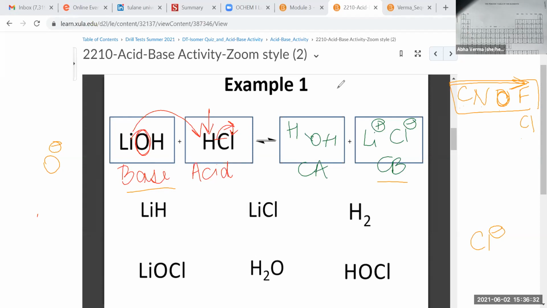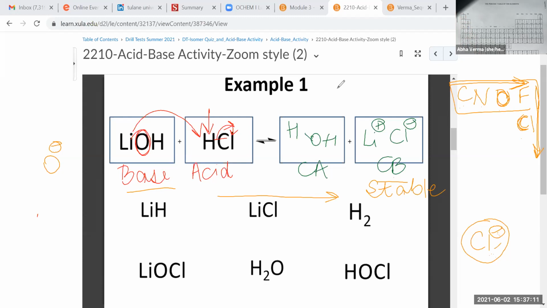But when you're going from top to bottom, the electronegativity is decreasing, but the size is increasing. So bigger size means that the negative charge will be stabilized better. So this is a more stable conjugate base. Wherever your base is stable, that is the direction of your reaction. Because down the group, it's not electronegativity, it is the size which will win the race.